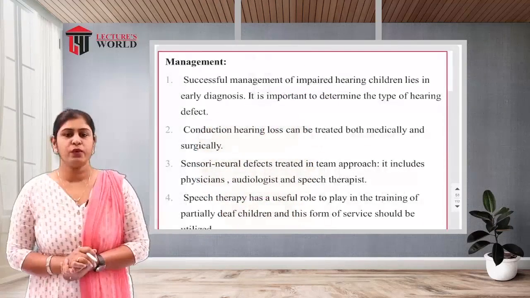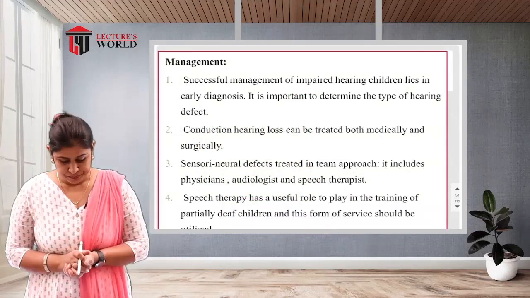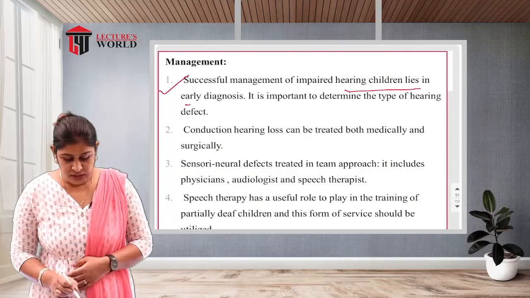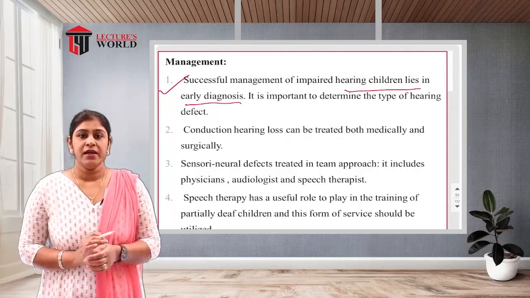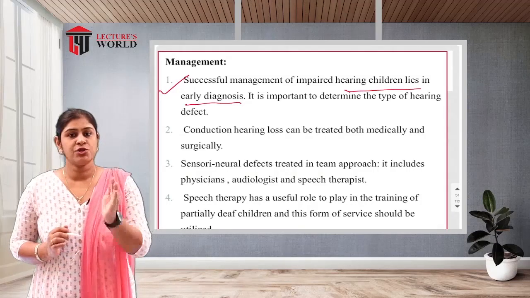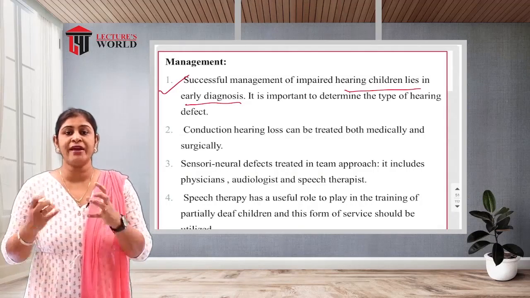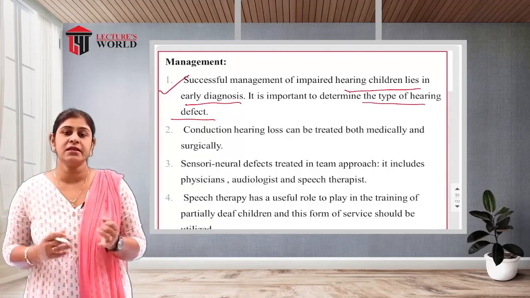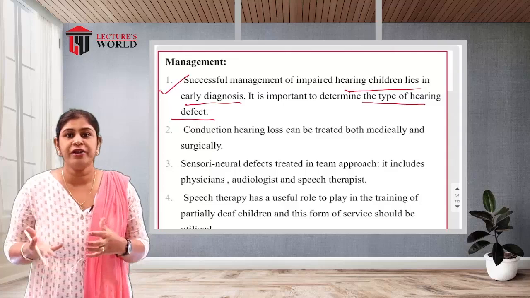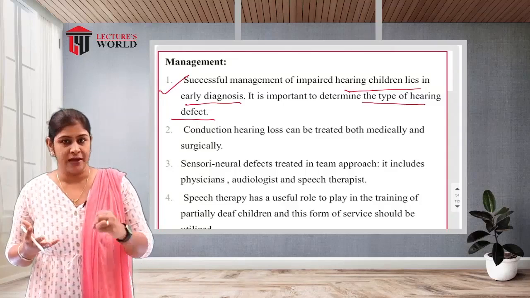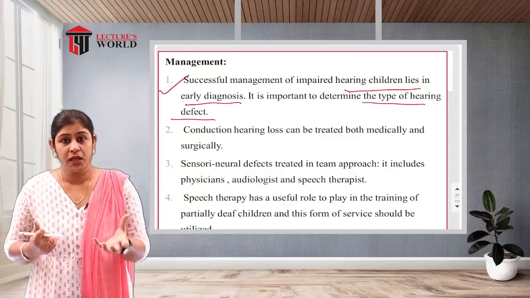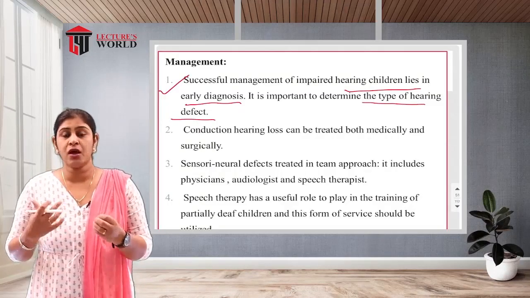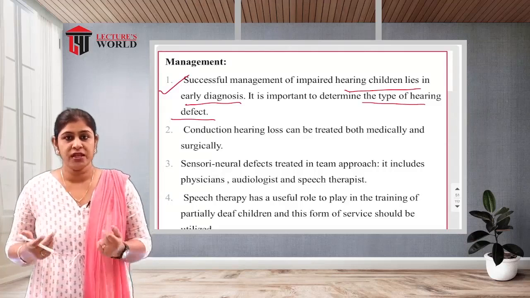Okay. So what will be the management of a hearing impaired child? Successful management of impaired hearing children lies in early diagnosis. It is important to determine the type of hearing defect, that is, what type of hearing defect the child has, so that we can diagnose the main causes early and accordingly provide the specific treatment.